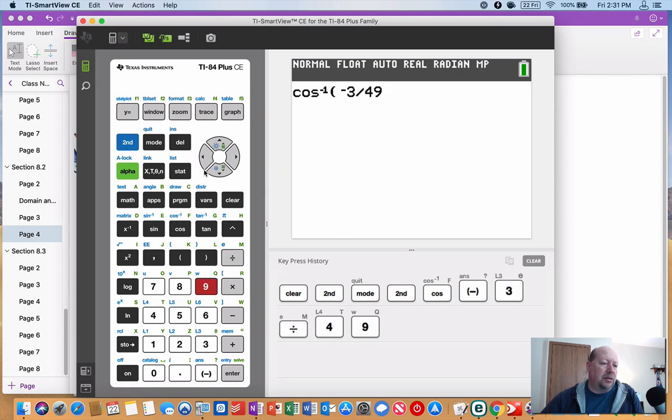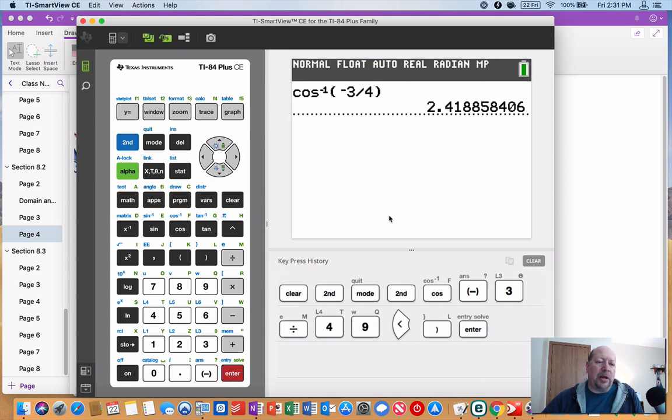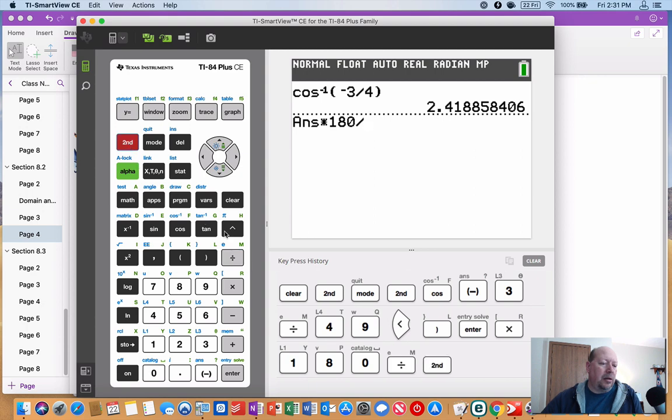That's the radian measurement. You can see I'm in radians. If I want to convert that to degrees, I would just multiply it by 180 divided by pi. And there's my answer in degrees.